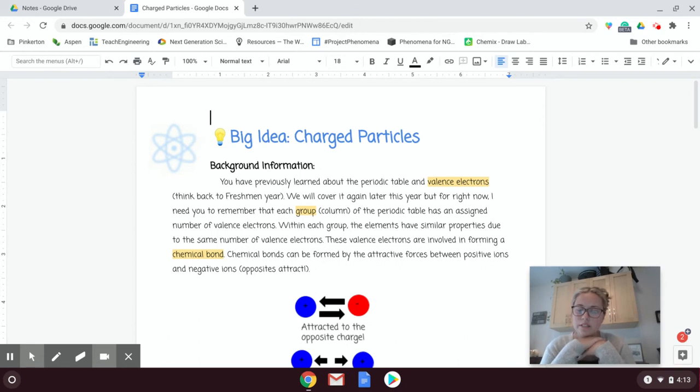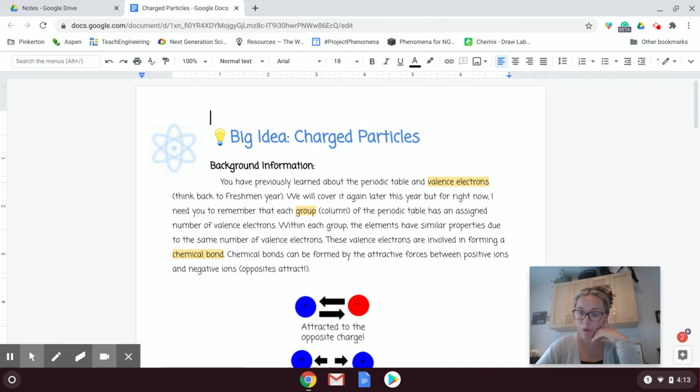So just know that each column or group on the periodic table has an assigned number of valence electrons. And within each group, the elements have similar properties due to having the same number of valence electrons. And your valence electrons are the electrons that are involved in forming chemical bonds.